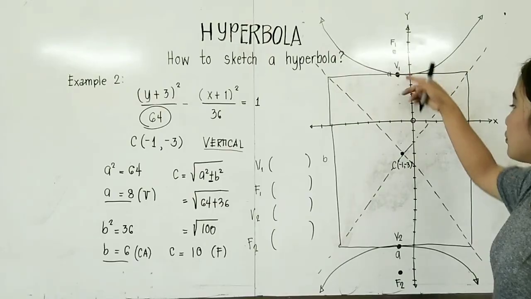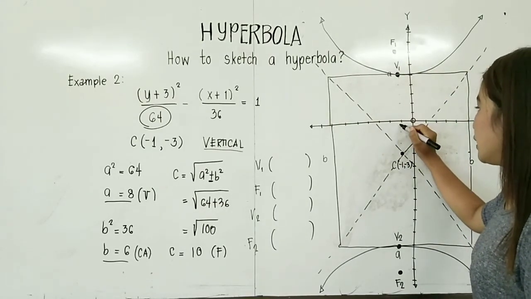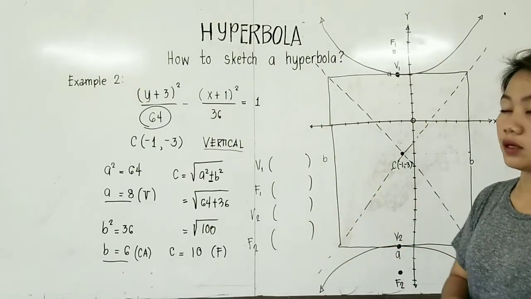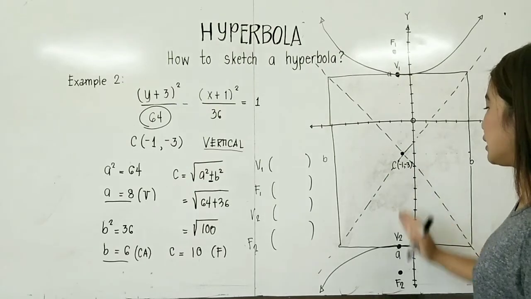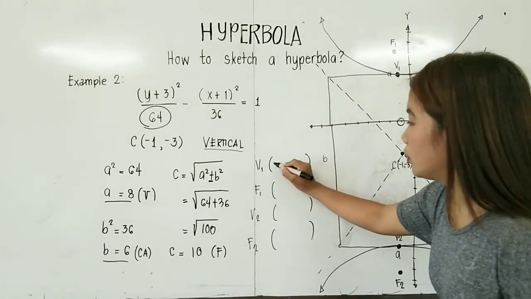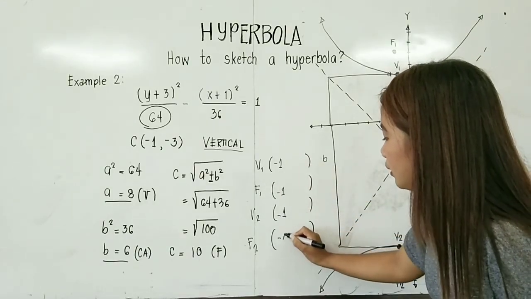Okay, since our foci, vertices, and center are just aligned in the x, which is -1, we can say that the x coordinates of these 4 points is also -1. Again, because they are just aligned in x, which is -1. So we will write -1, -1, -1, and -1.